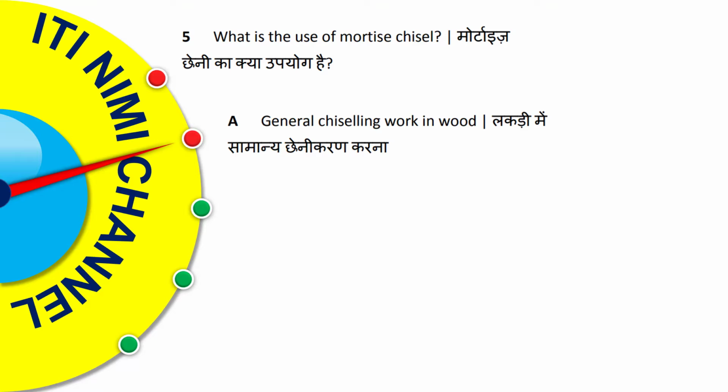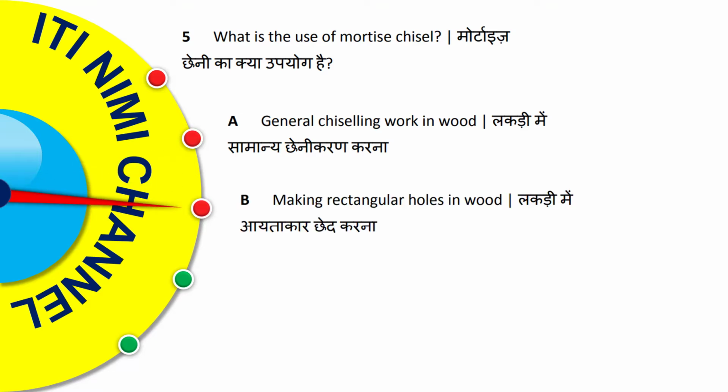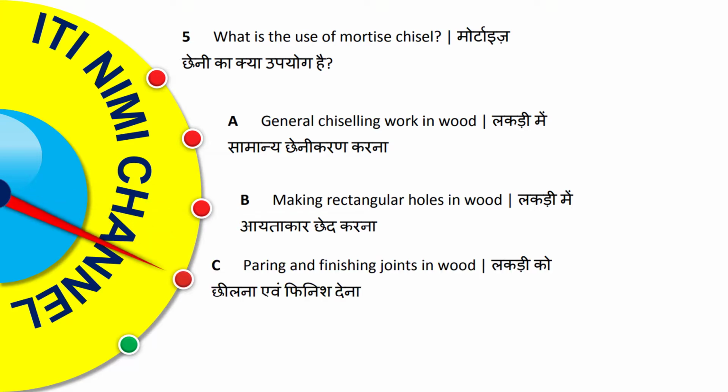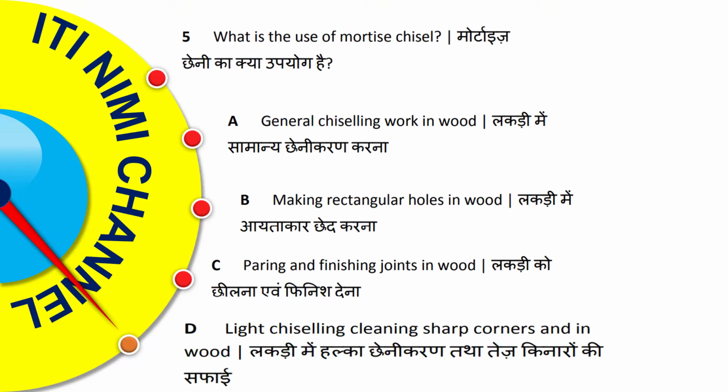General chiseling work in wood, making rectangular holes in wood, paring and finishing joints in wood, light chiseling, cleaning sharp corners in wood. The answer is making rectangular holes in wood.